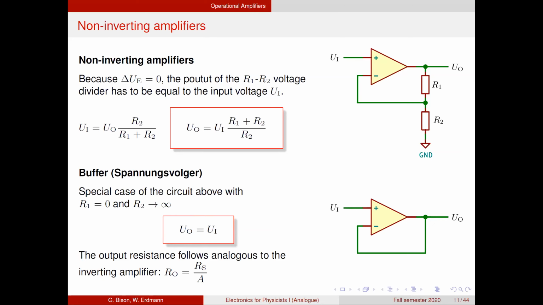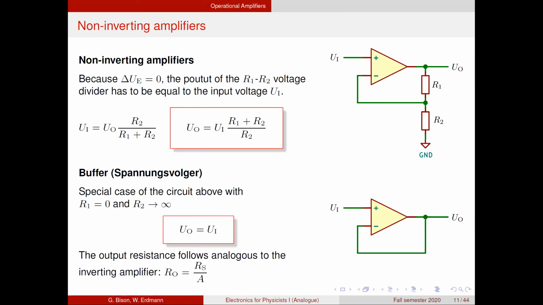Okay, let's have a look at a slightly more complicated amplifier. But using the golden rules, it's also really easy to calculate what this does. So here we have 4 resistors. And it's a differential amplifier. The most important rule is that the difference between these two terminals is 0.